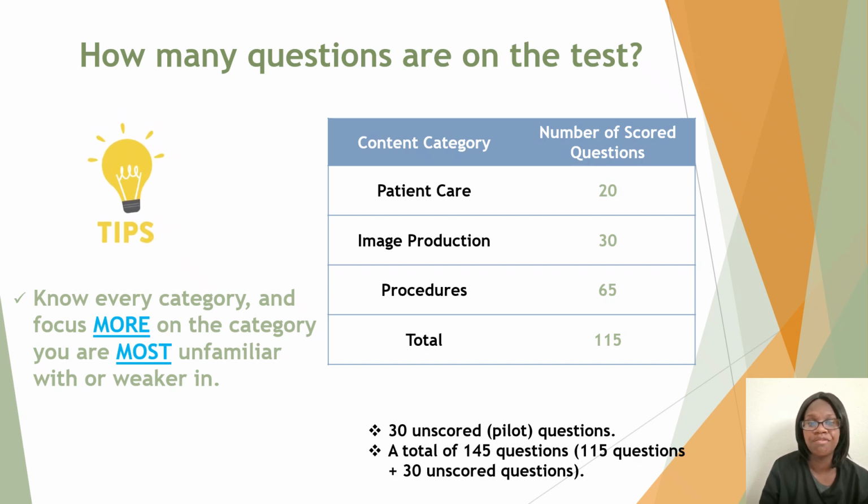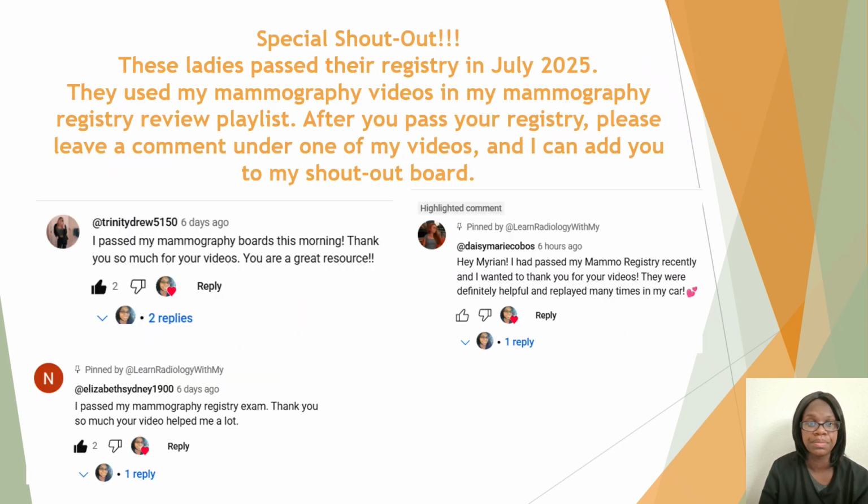And then I will say focus more on the category that you are most unfamiliar with or weaker in. So if you know that you're not good in physics, spend more time focusing on physics first, and then focus on procedures and patient care. Whatever you are not good in, focus on that first and focus on it the most.